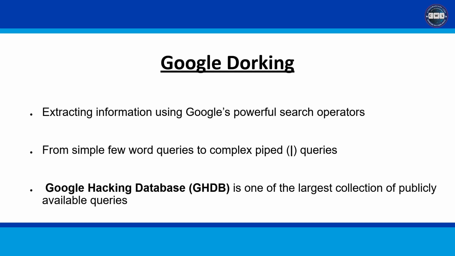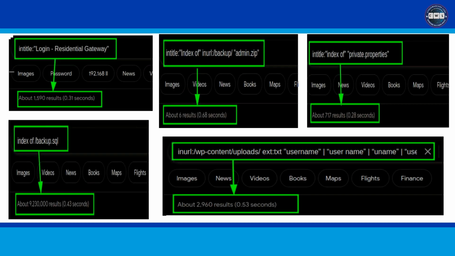All right. So after that, let's see some of the queries. These are very basic queries. I have simply extracted them from the Google hacking database. I haven't run any of my own queries. These are all queries available in the Google hacking database. You can look them up and see, I'm running a query, I'm getting results, and these results are very customized.